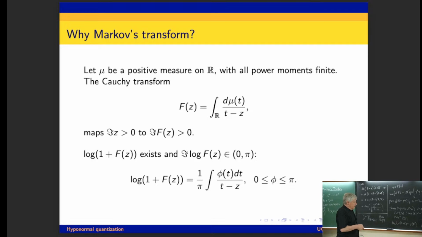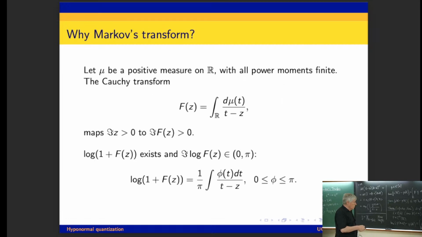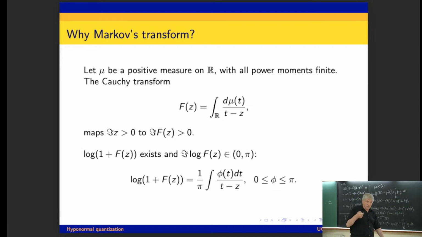And purely function theory, the Poisson formula, tells you that this function admits a logarithm, first of all, because we are on a simply connected domain. The imaginary part is between 0 and pi. And now we reconstruct the function from the logarithm from the imaginary part.